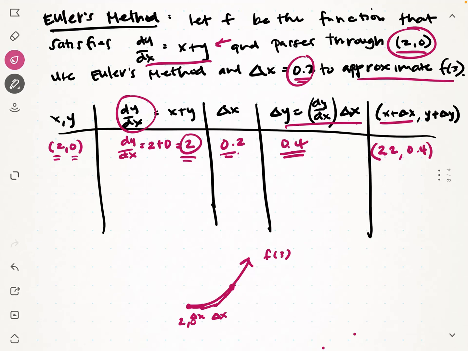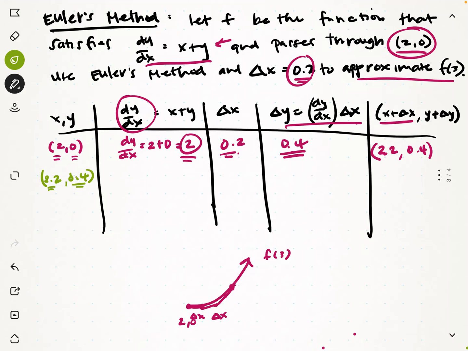Okay, actually, let me just change colors for the next row. So we're going to take this and put it here now, 2.2, 0.4. So we're inching closer. This x is getting closer, so our y should be getting closer to a better approximation of f of 3.